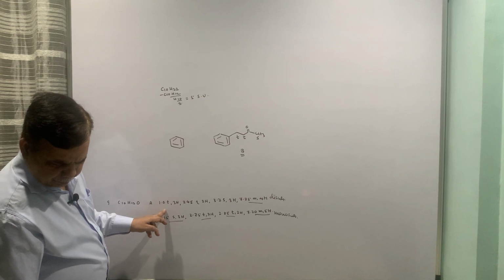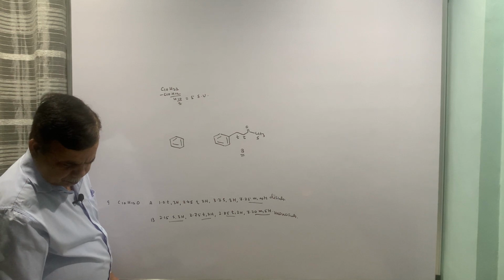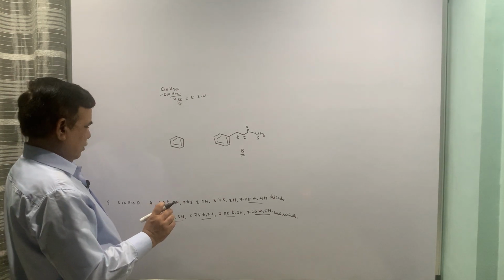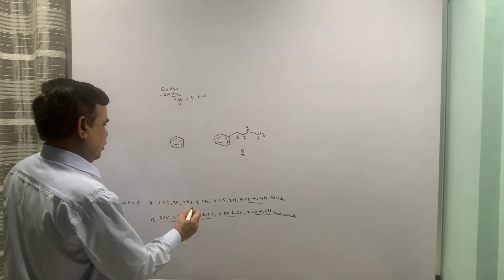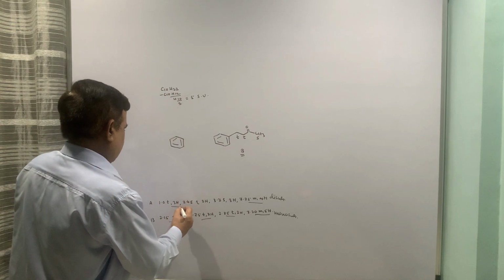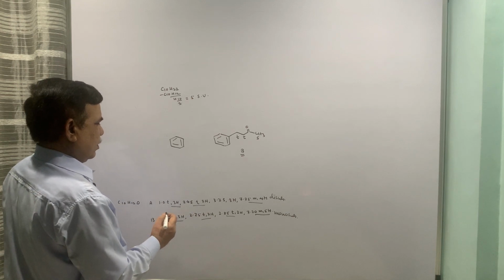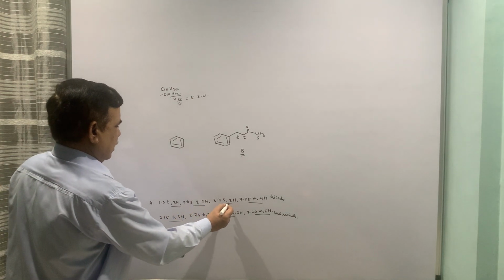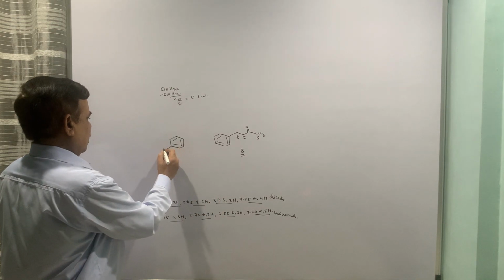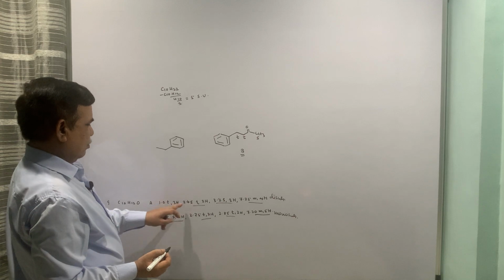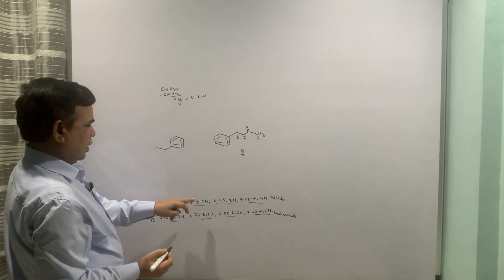Singlet, 3 protons. So that is a little tricky, but disubstituted. So let us check. Triplet, quartet we can directly give. This is a little exaggerated number. CH2, CH3, this will take care. CH2, CH3 is this one, and another thing.